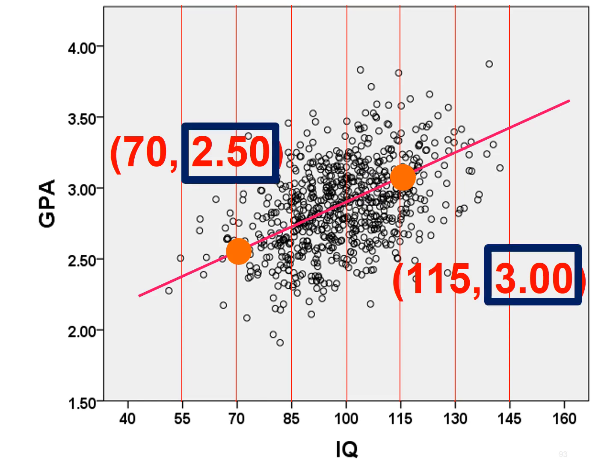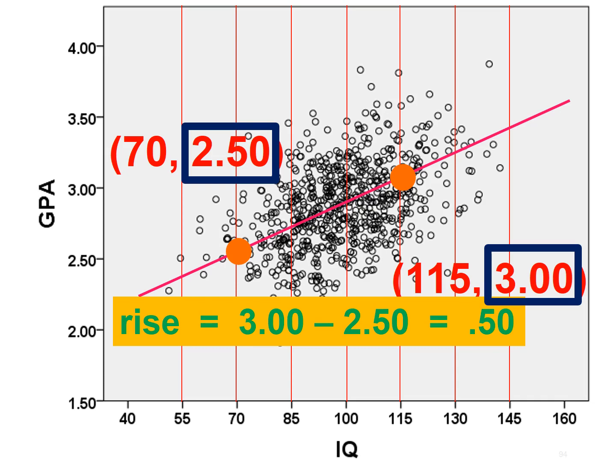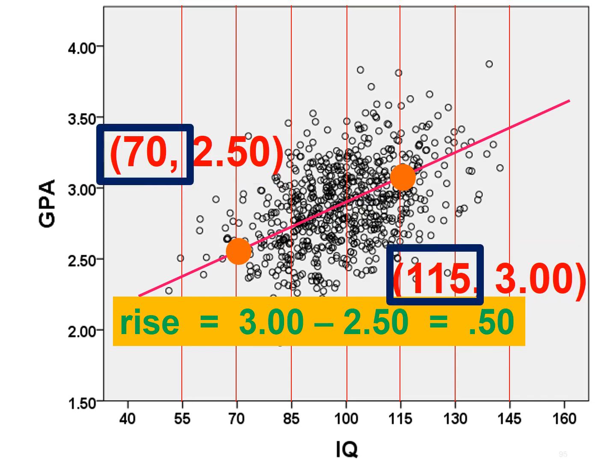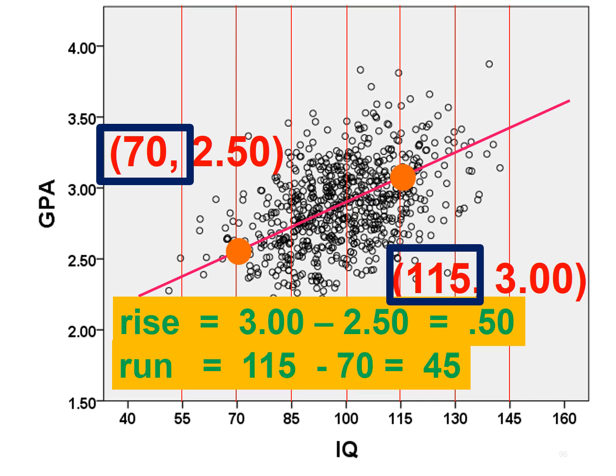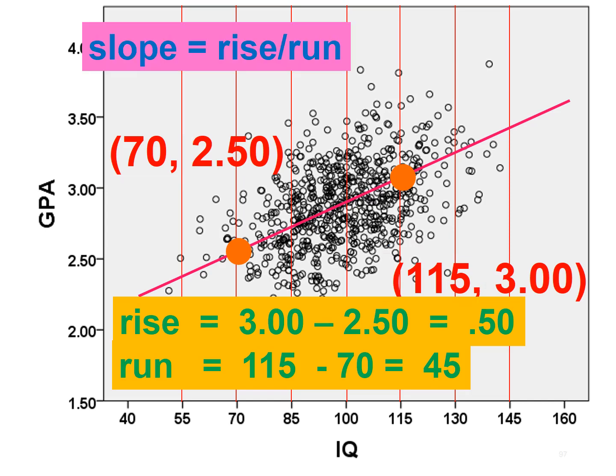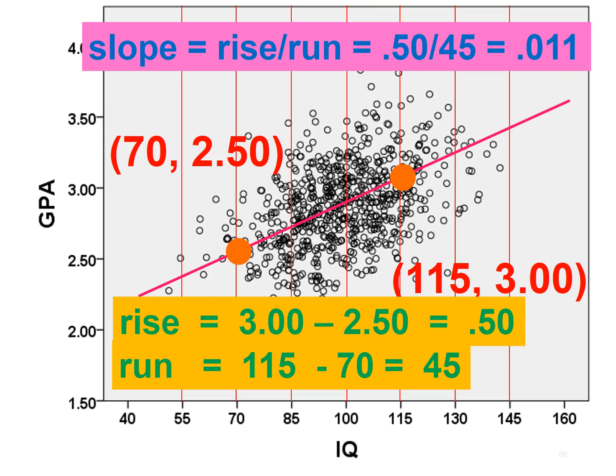So we have to calculate the difference between the y's, which is going to be the rise, and then we have to calculate the run, which is the difference between the x values. So our slope is equal to 0.011.